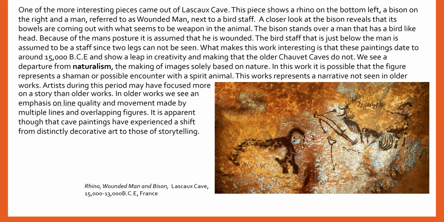What's more interesting here is that when you look at this image, we do have a humanoid sort of figure, right? And then we have this bird staff, as some have located. We have, of course, what looks to be some sort of weapon, later known as an atlatl.